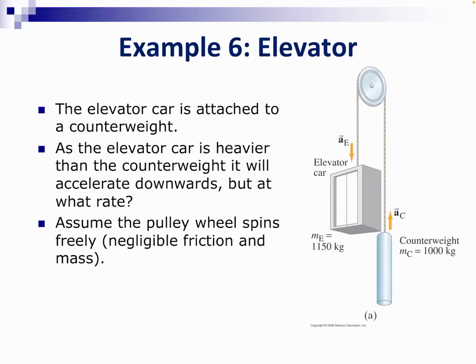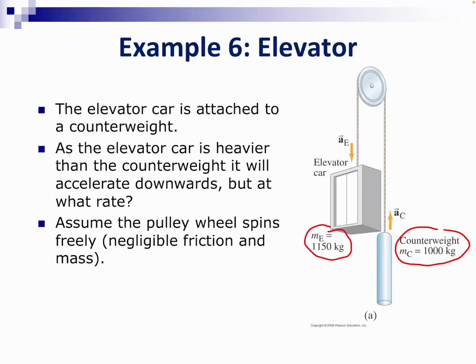Yeah, so try this. I'll give you a couple of minutes to try and figure out this example of the elevator. So you have here the mass of the elevator car is given, and the mass of a counterweight. The elevator car is attached to a counterweight by a rope that goes over a pulley. If you notice, the mass of the car is bigger than the mass of the counterweight.